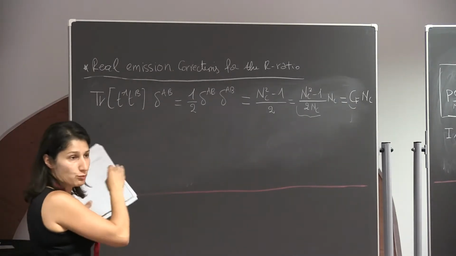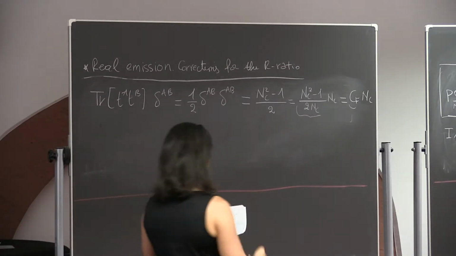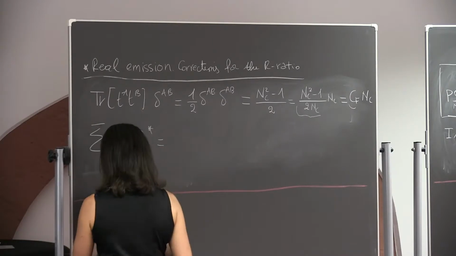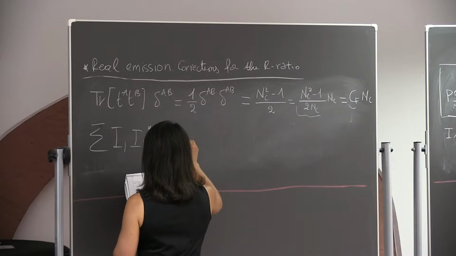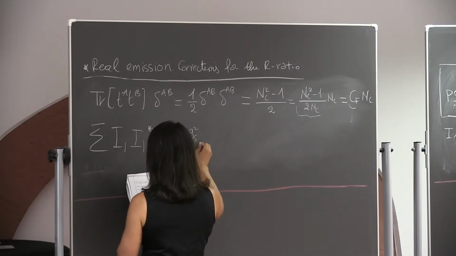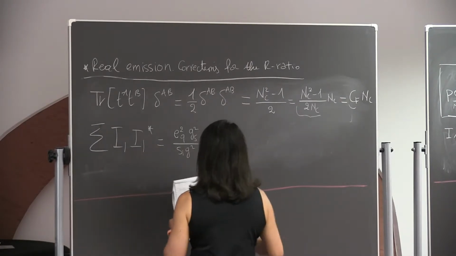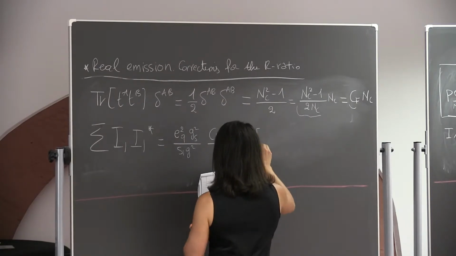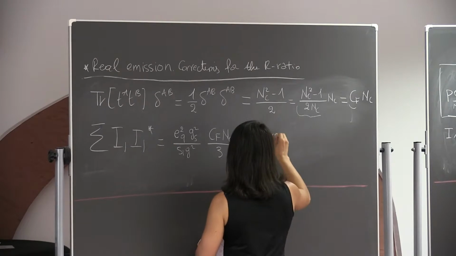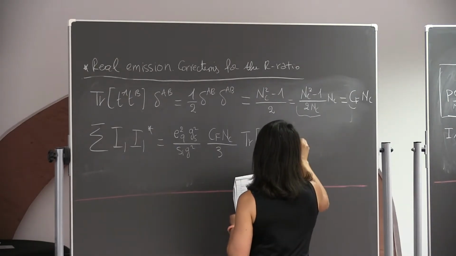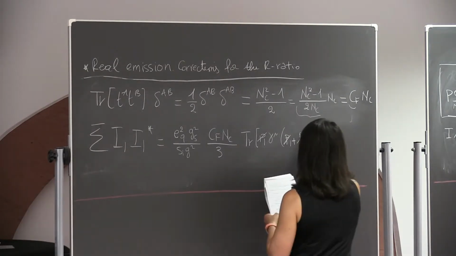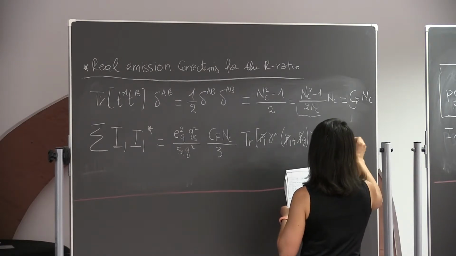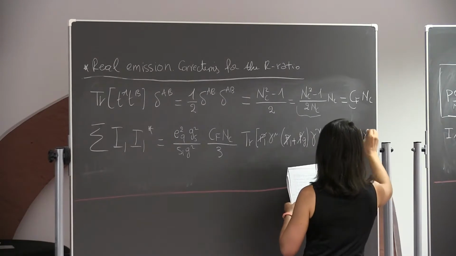Okay, so we just plug now this color result in our trace, and therefore I get the averaged sum for I1 I1 star, which is just EQ squared CF and NC that I just calculated, the third from the average of the polarizations, and then we have the trace of P1 slash gamma mu, P1 slash plus PG slash, gamma nu P2 slash gamma rho gamma sigma.